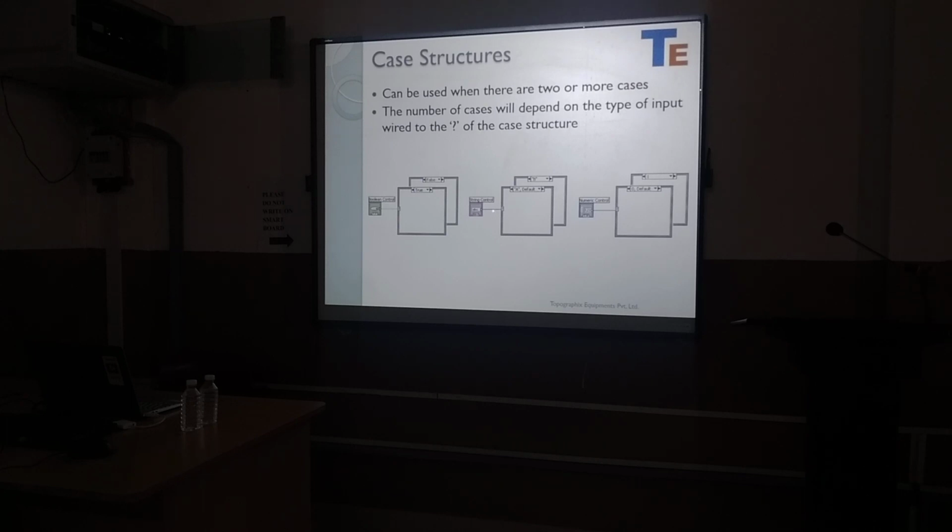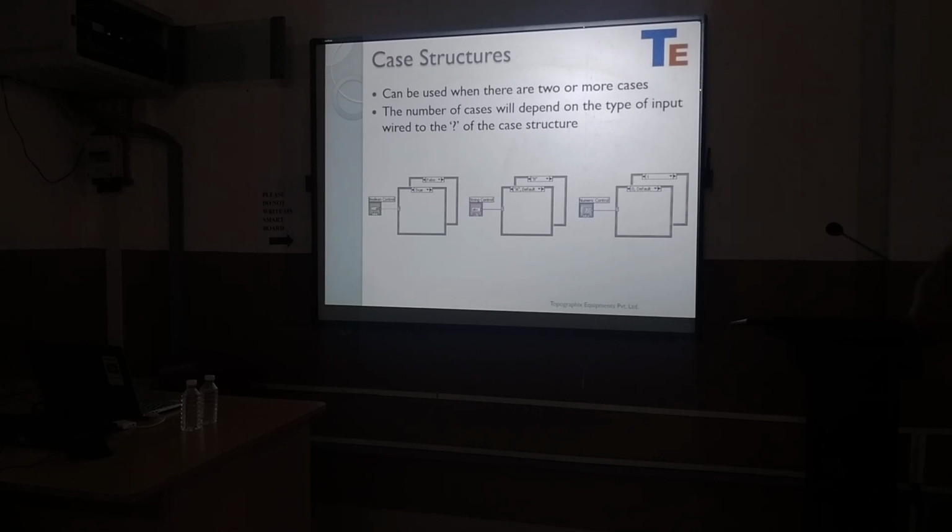So for example, if I use a string control, I can add A, B, C, D, n number of cases. So case A, case B, case C, and whatever code I write into that case, only that particular case will be executed during that iteration. It's like placing a deck of cards one on top of another.